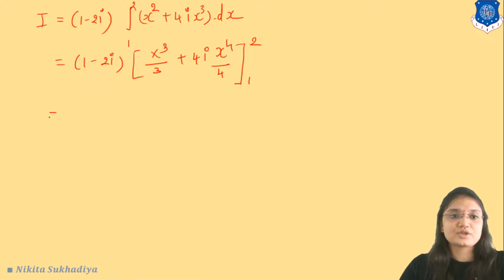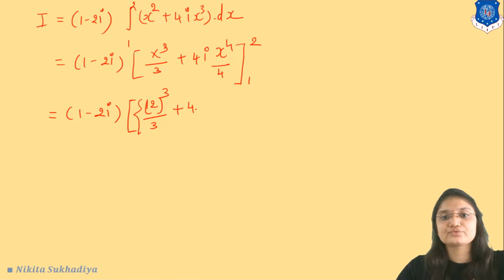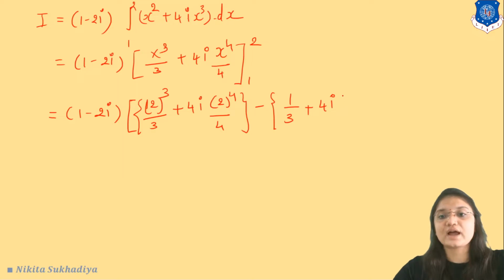Okay, so now by putting the upper limit in place of x, we will get the first term like that: 2 cubed divided by 3 plus 4i times 2 raised to 4 divided by 4, and by putting the lower limit in place of x, you will get 1 by 3 plus 4i times 1 by 4.